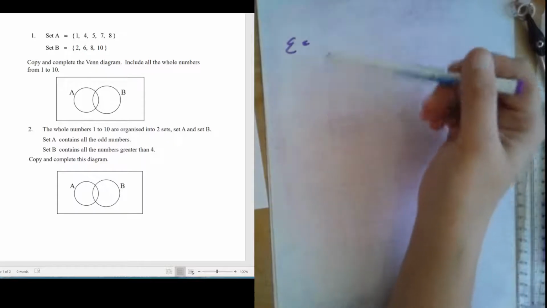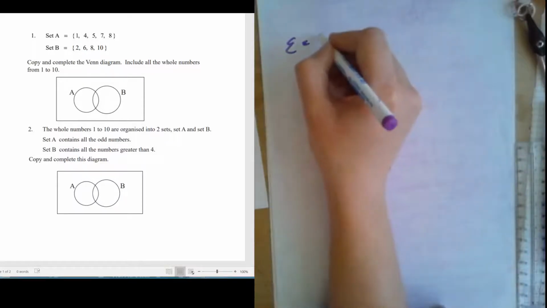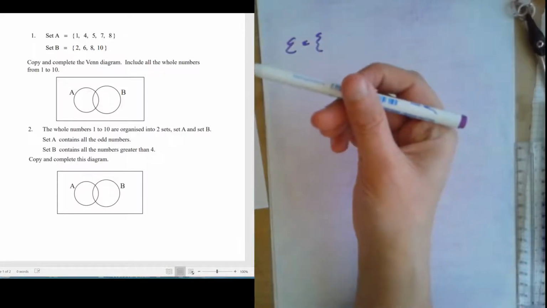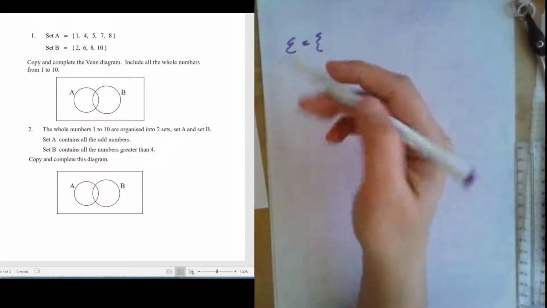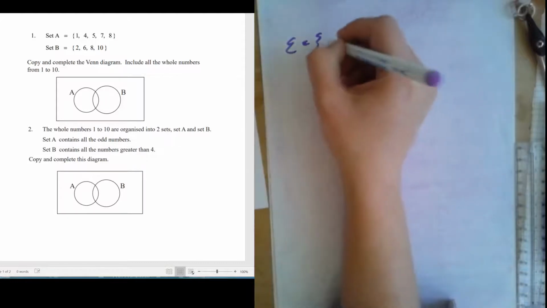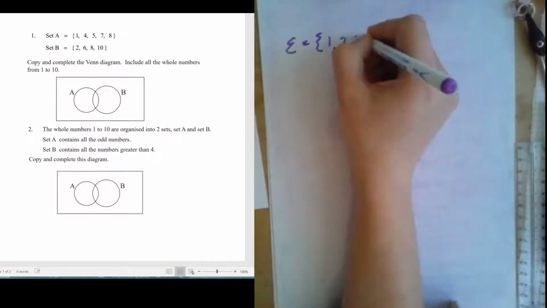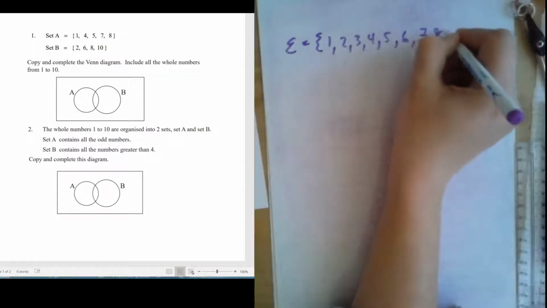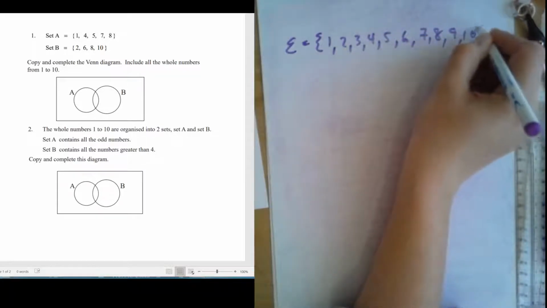If I didn't have A and B written down, I would write it down again. But I do want to write down the universal set just in case I forget about this line that they just put there, where it says include all the whole numbers from 1 to 10. So I know that my universal set must contain all the numbers between 1 and 10.